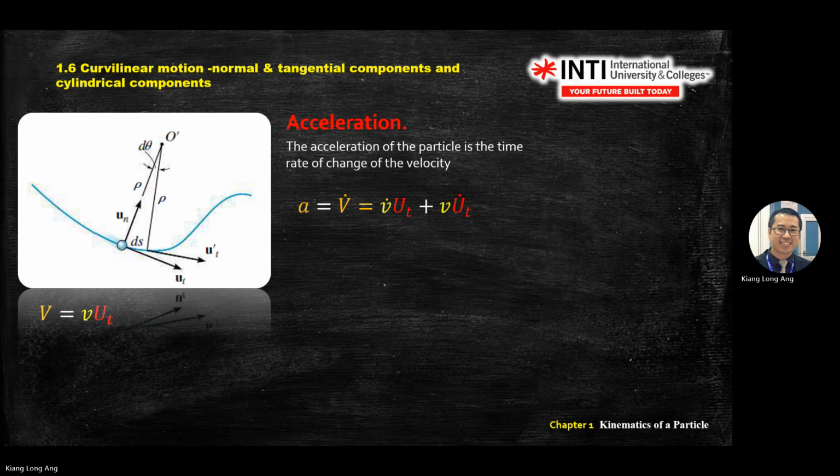V equal to v ut. So a equal to dv dt means you time differentiate your V. Your V now has two parts, so you use the chain rule.